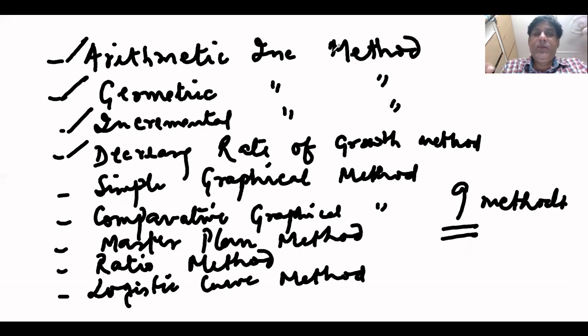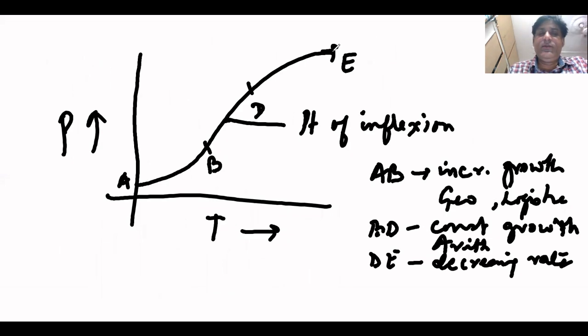The maximum population was given by the geometric increase method. And that is why in the logistic curve, the portion showing the increased growth is AB, and your geometric method comes in this category.